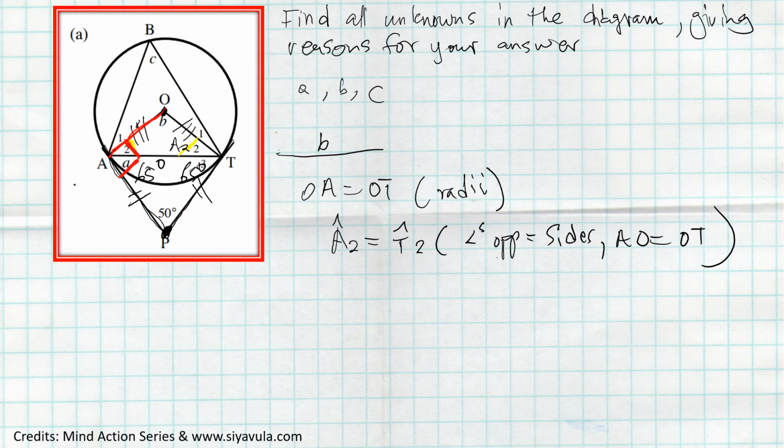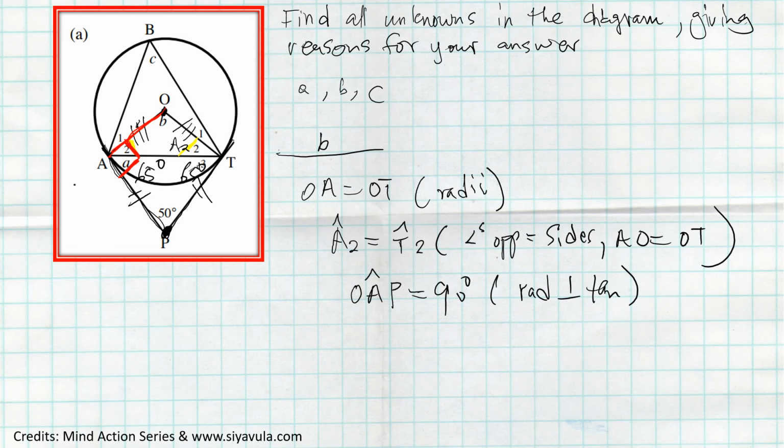Okay, so that's fairly easy. We have to say angle OAP is 90 degrees, right? Why? Because a radius is always perpendicular to a tangent. AP is a tangent, so when they meet, they will be perpendicular.